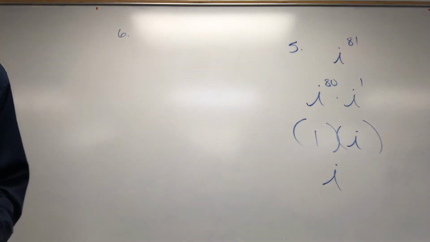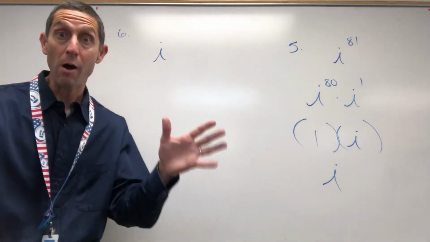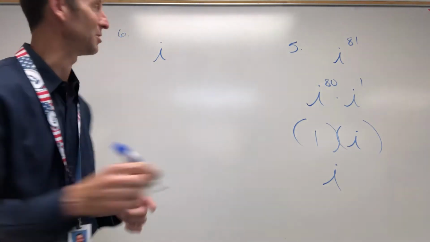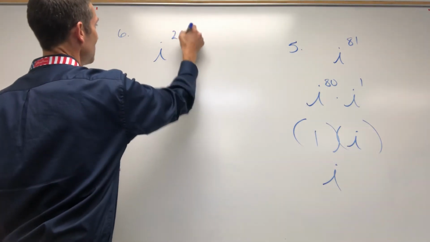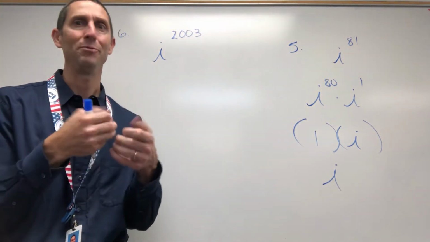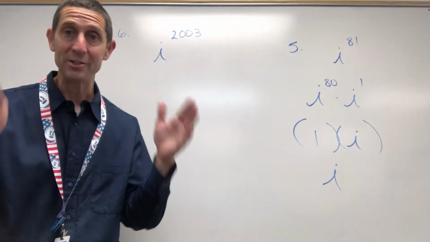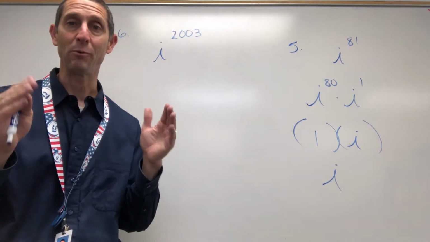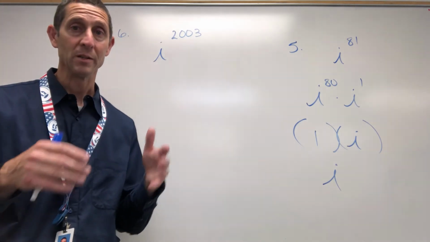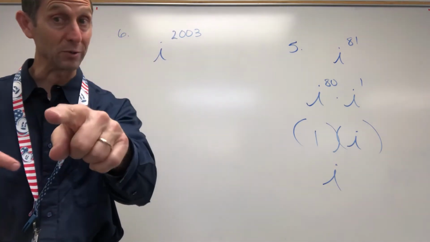All right, let's do a couple more. Number 6. Now, when you do this assignment, there are some humongous numbers that get thrown at you. For example, I to the 2003. So you're getting out your calculator right now. See which number divides by 4, which one's a multiple of 4. So it's got to be 2000, 2002, 2004. 2004 goes over.